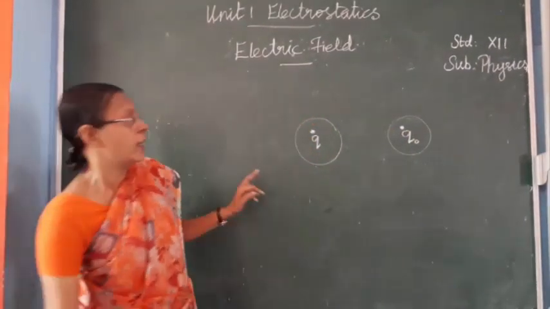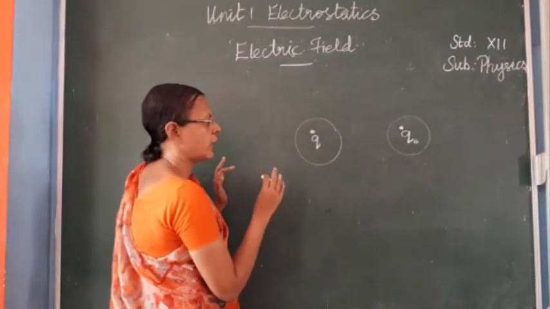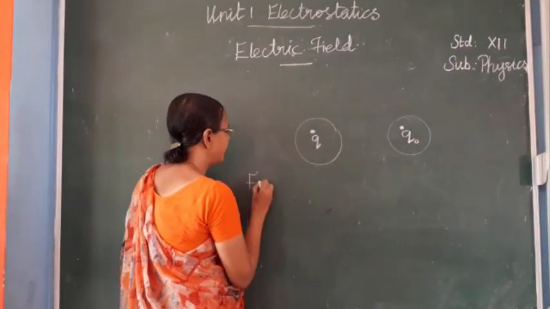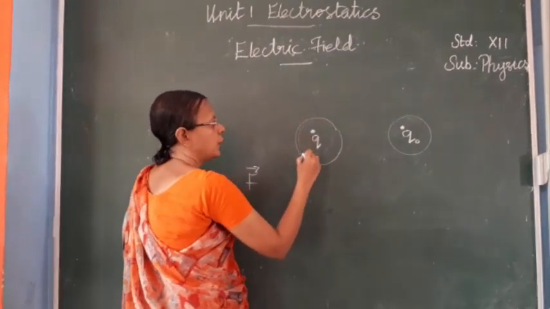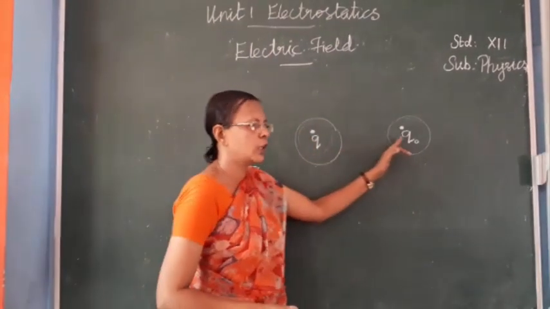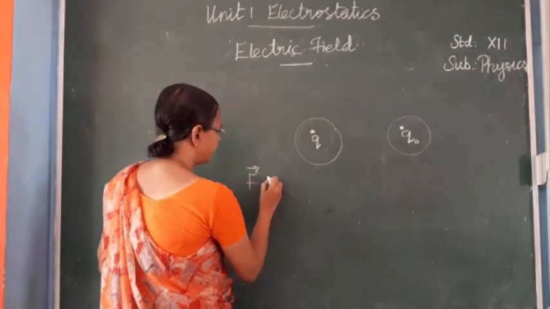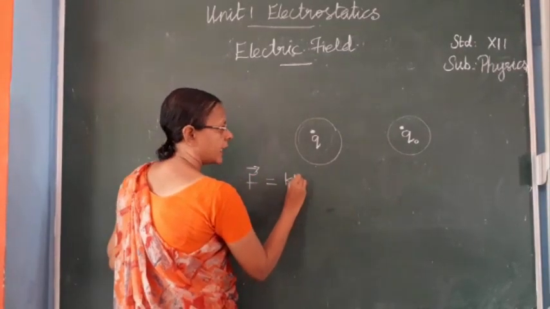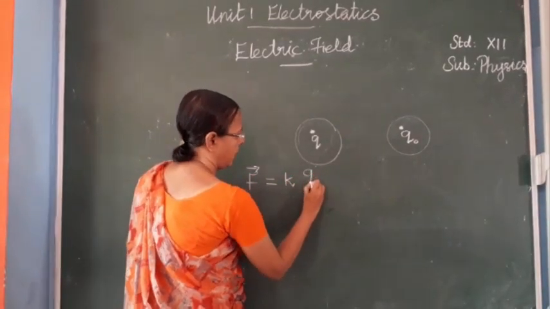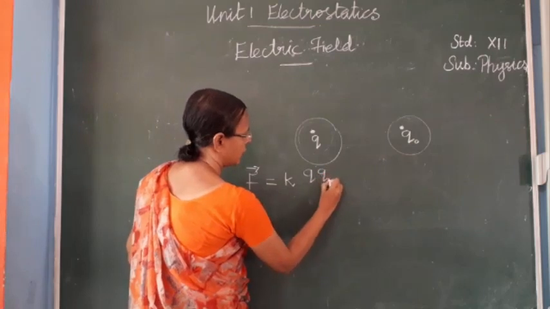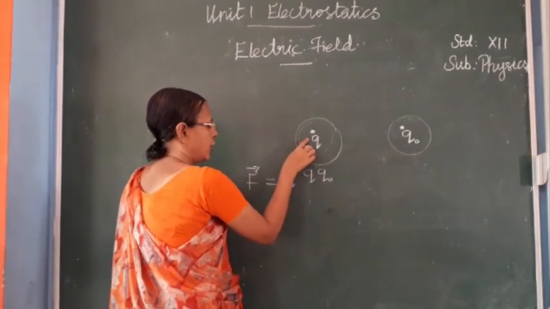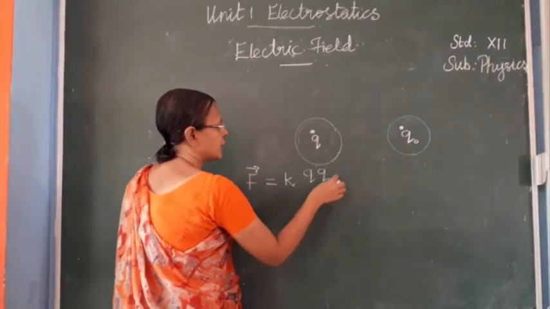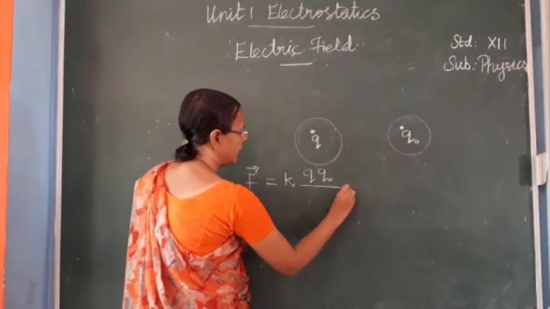So what is Coulomb's law? For these two charges, how can we write Coulomb's law? F vector, the force experienced by charge Q due to charge Q0, is equal to K Q Q0 divided by R square, R cap. K is the proportionality constant, Q is the first charge, Q0 is the second charge, divided by the product.